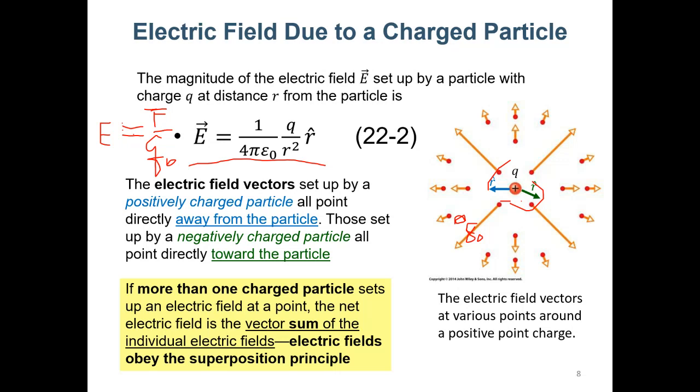So it mentioned that if the charge is positive, the E field all points directly away from the particle, and on the contrary, if the charge is negative, the E field all points directly toward the particle.